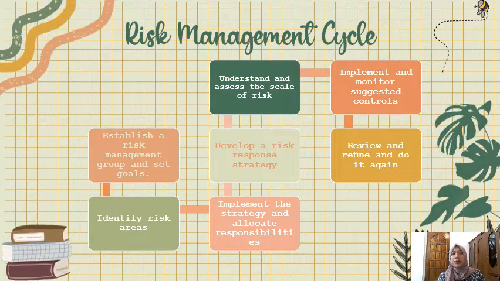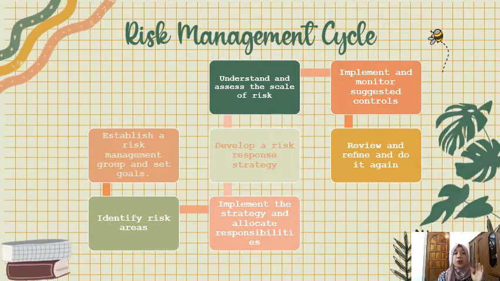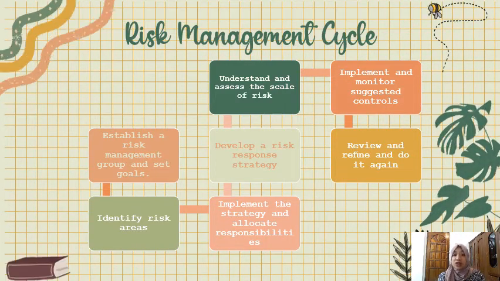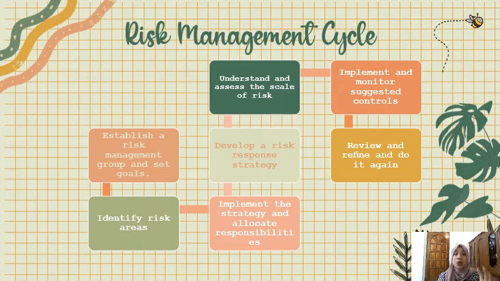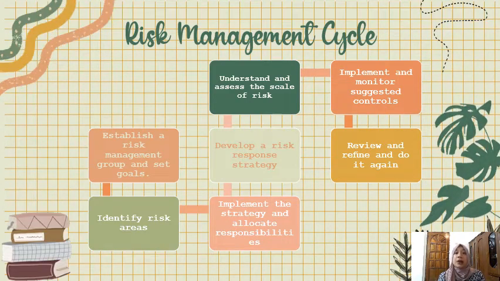A fraud risk review considers whether these errors or events could be the result of a deliberate act designed to benefit the perpetrator.